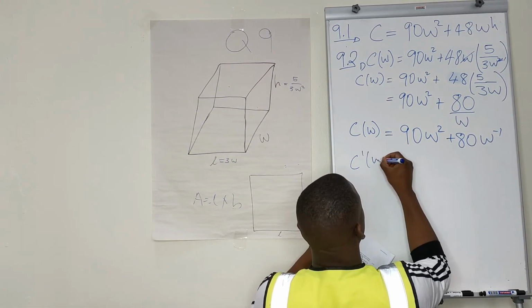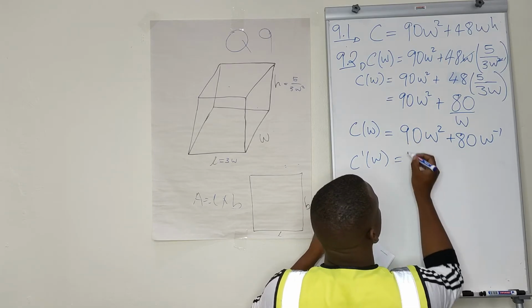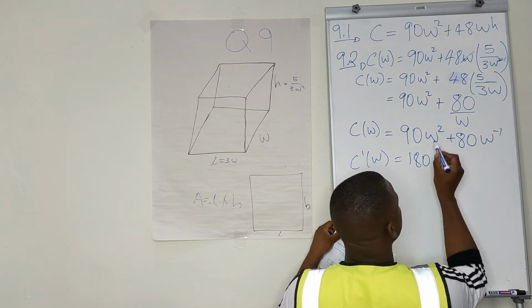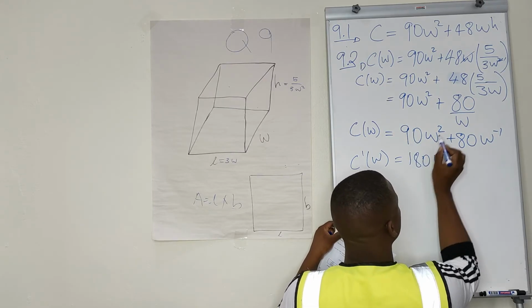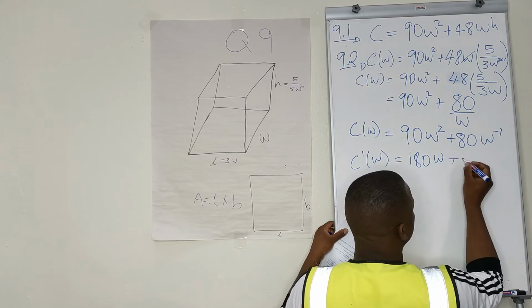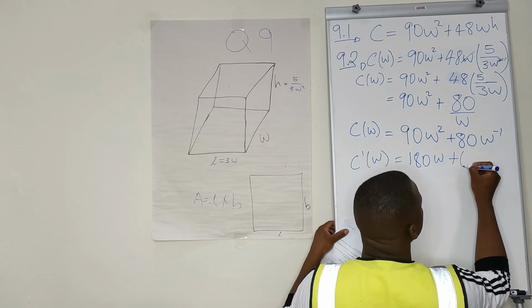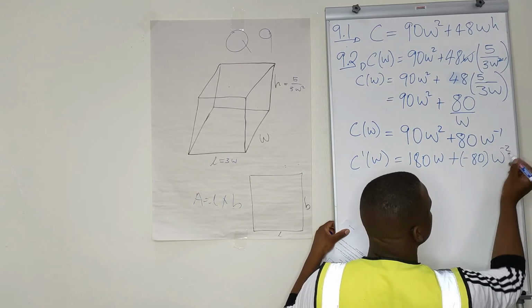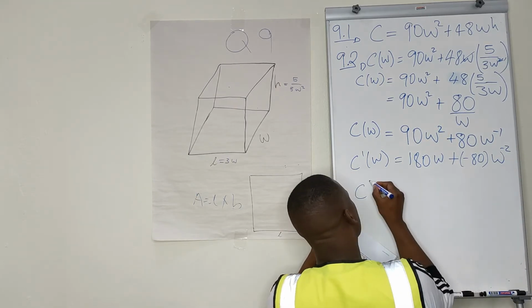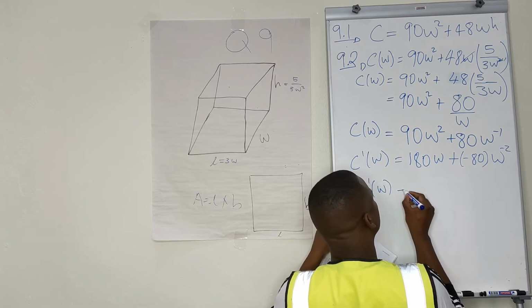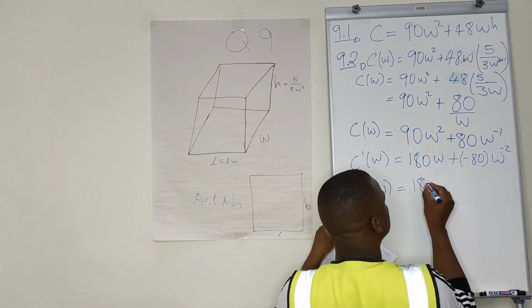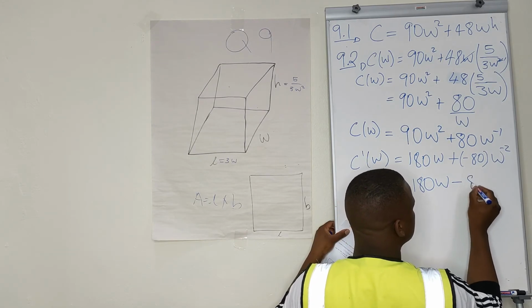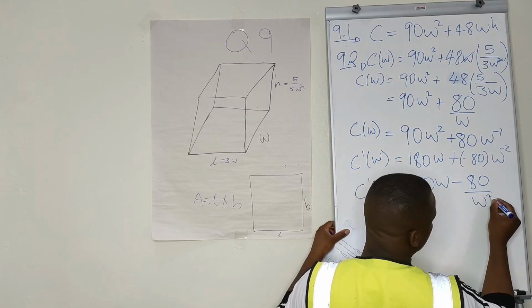C prime of w is equal to: 2 times 90 is 180w, then for the second term, negative 1 times 80 is negative 80, and w to the power of negative 1 minus 1 is negative 2. So C prime as a function of w is equal to 180w minus 80 over w squared.